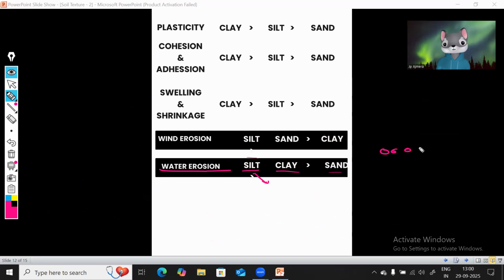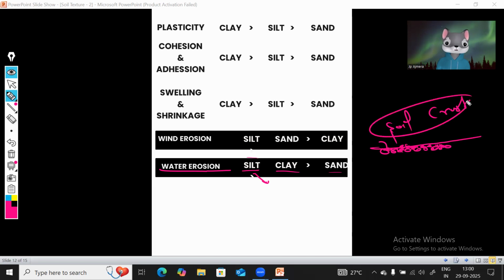Imagine there is a soil where these particles are. Silt will come with the water and fill these pore spaces, and it will make a soil crust. Soil crust is a very interesting topic. We will cover it later.